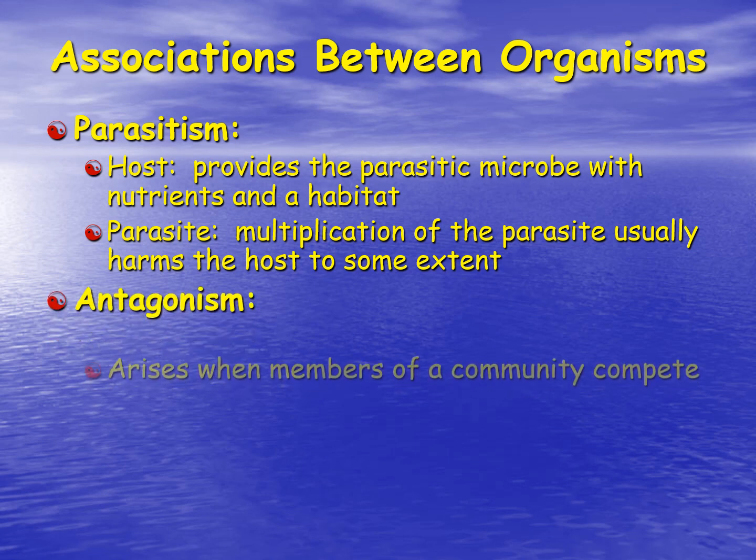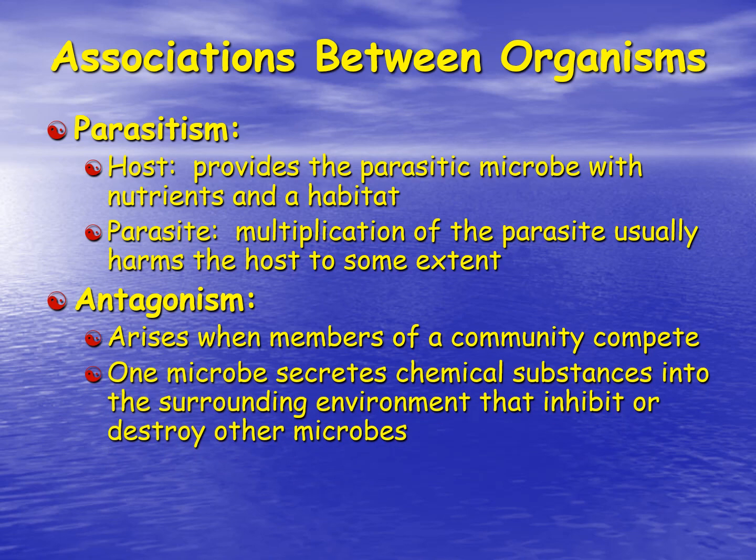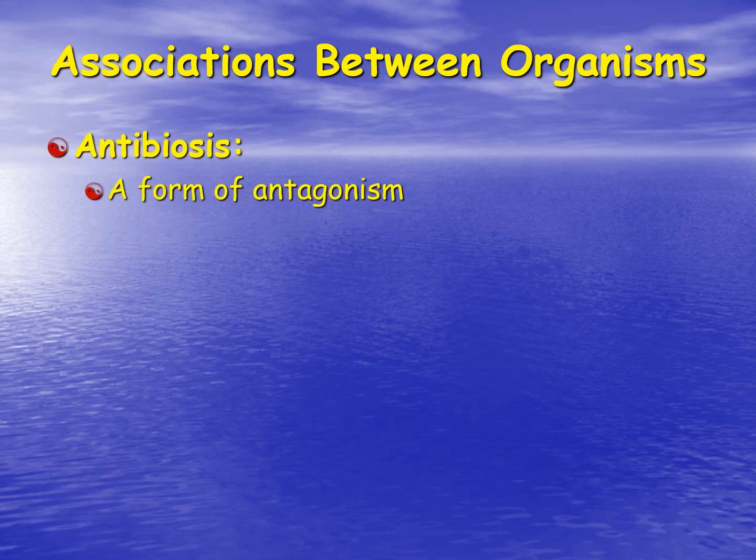Now, antagonism, one of these non-symbiotic relationships, arises when members of the community compete with each other. One microbe can secrete chemical substances into the surrounding environment that inhibit or destroy other microbes. Antibiosis is a form of antagonism.